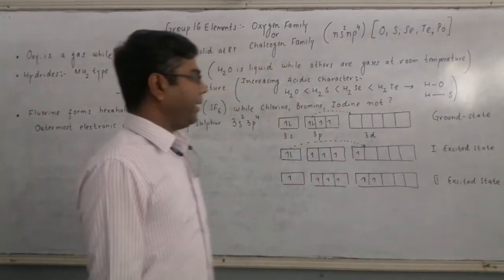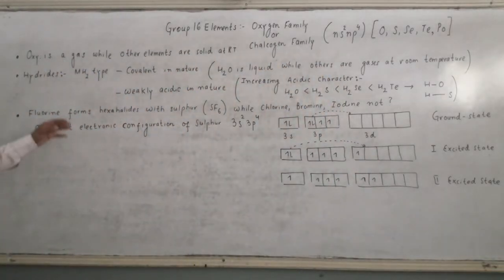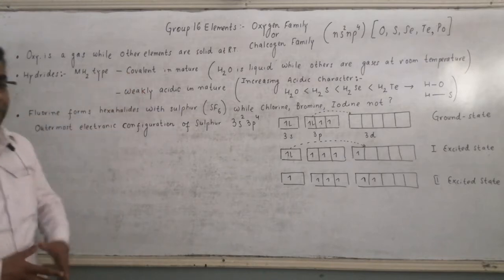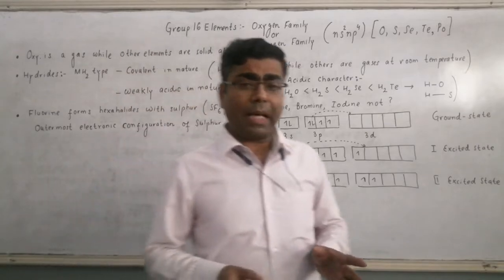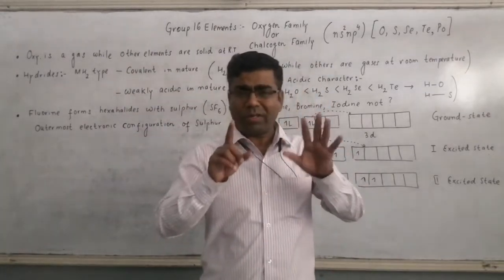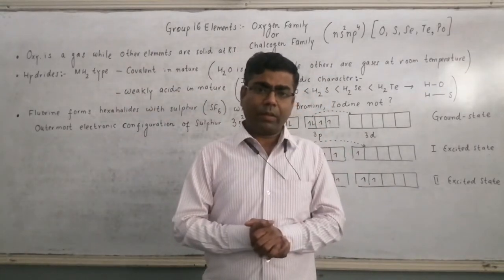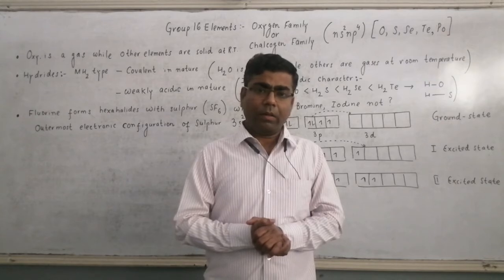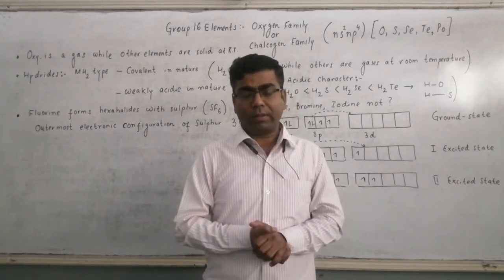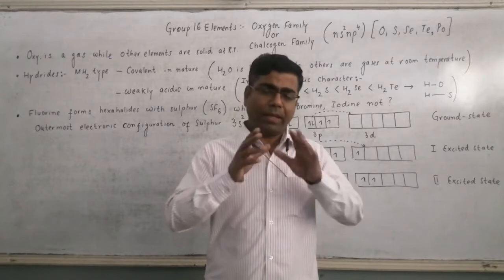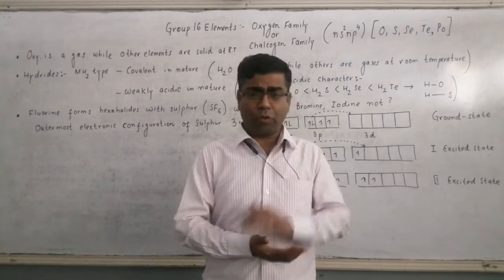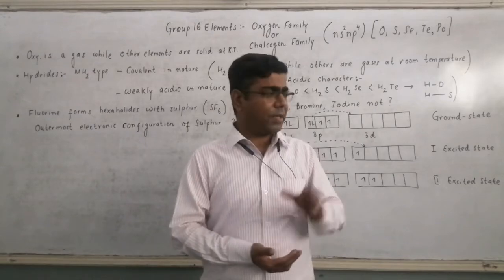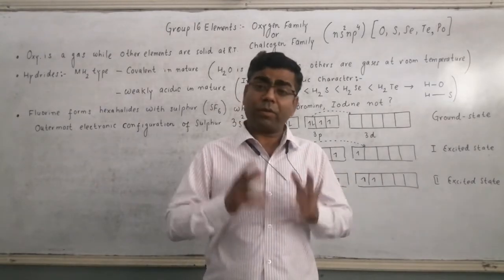Then comes the next point, about the hydrides, meaning the combination of these atoms with hydrogen. All the atoms have 6 electrons in their valence shell. By gaining 2 more electrons, they can complete their octet. Hydrogen has only 1 electron. Oxygen and sulfur require 2 electrons for the completion of the octet.